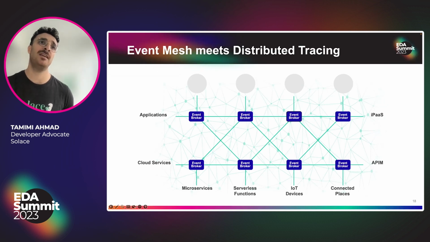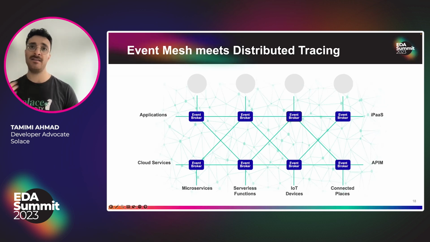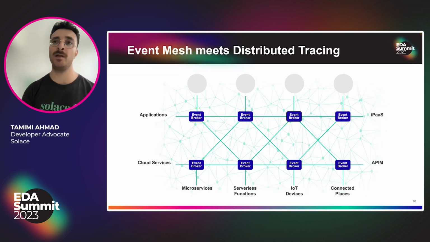On the left-hand side, you have different applications and different cloud services. On the right-hand side, you have different iPaaS, connected places, and IoT devices. All these different applications in your system are connected together in an event mesh using the Solace PubSub+ broker.